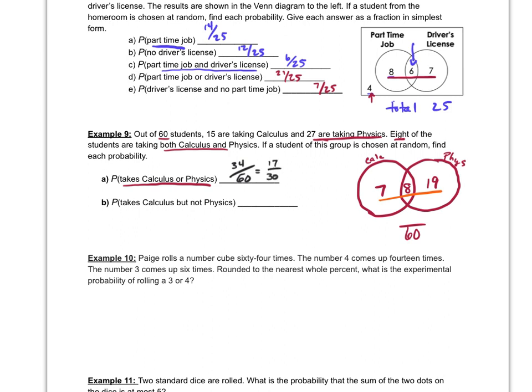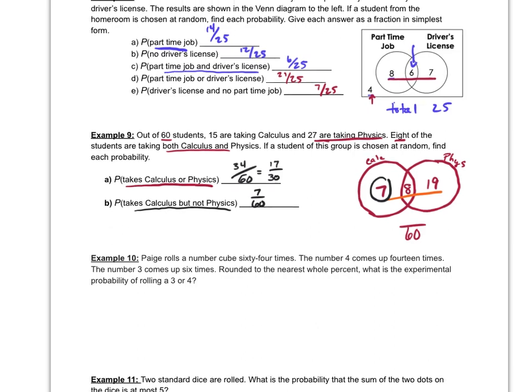And then also looking at B here, the probability that a student takes calculus but not physics. Well, that would be this number right here. So the probability that they're taking calculus but not physics is going to be 7 out of the total, which is 60. And there you go, we have our probabilities.